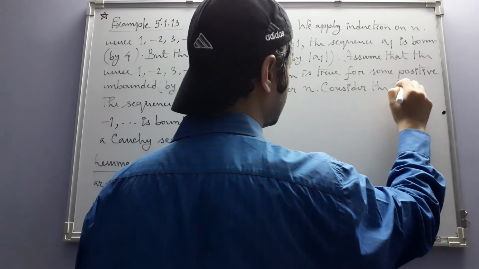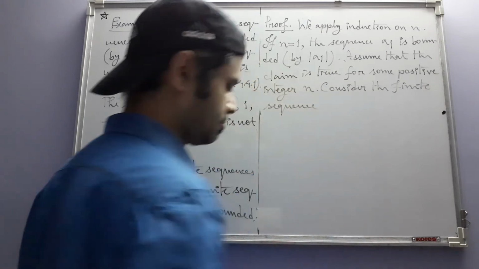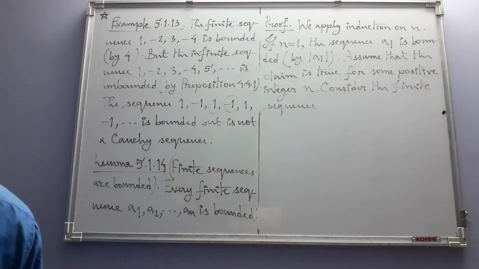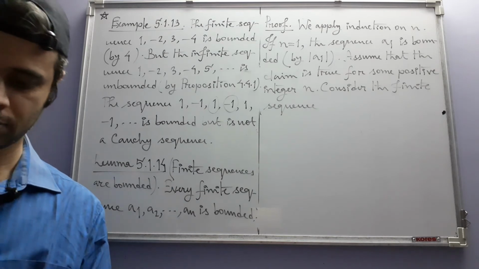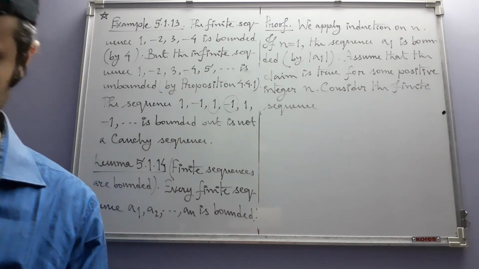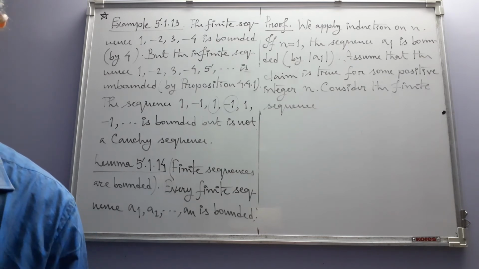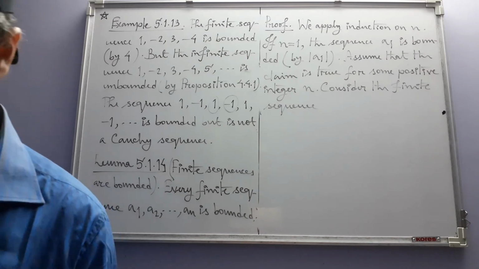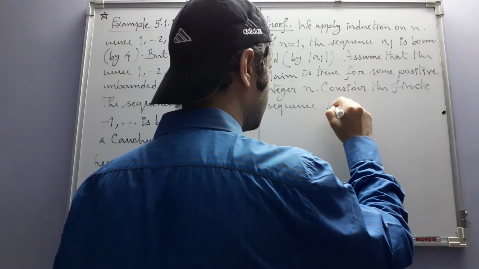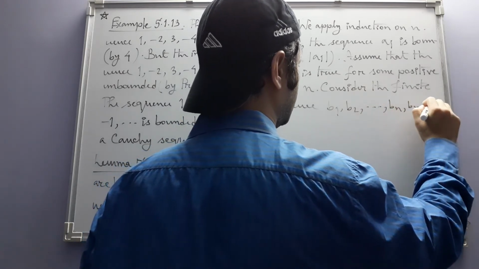Consider the finite sequence, but before that I have to consider some more ink. Say b1, b2, etc., bn, bn plus 1.